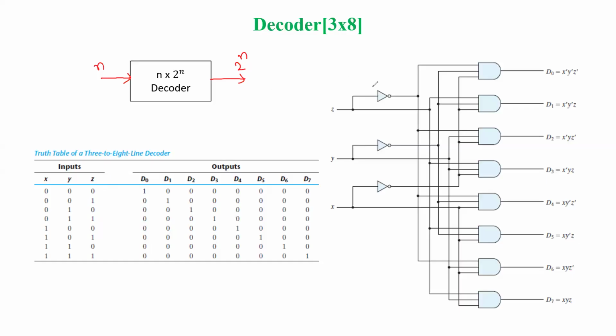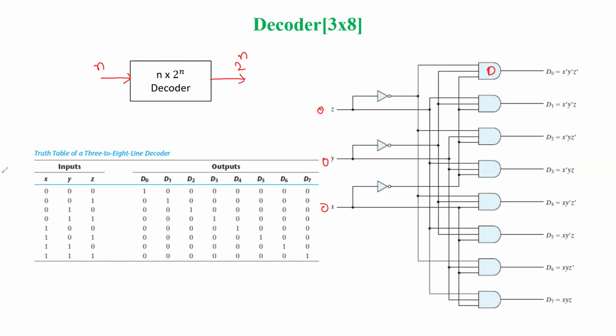AND gates means that only when all inputs are high will the output be high, or logic 1. Here X is 0, Y is 0, Z is 0, so the inverted outputs of X, Y, and Z are connected to the first AND gate, which we can number as the 0th AND gate.